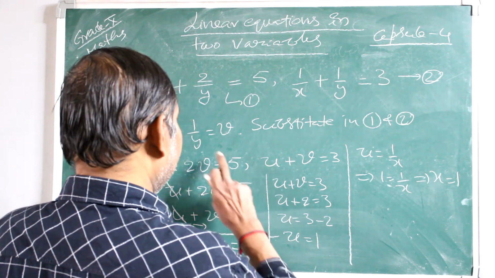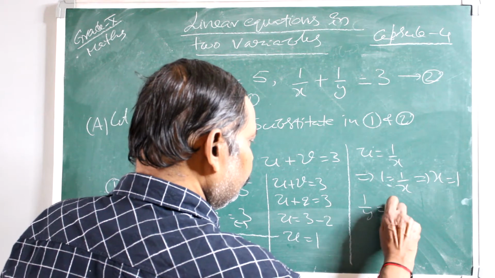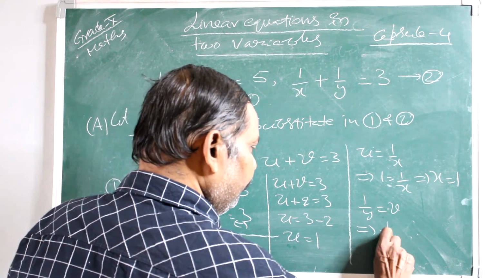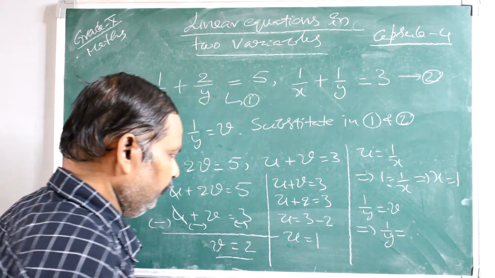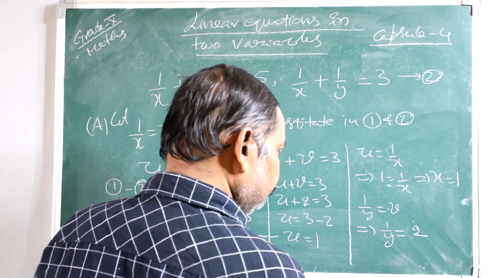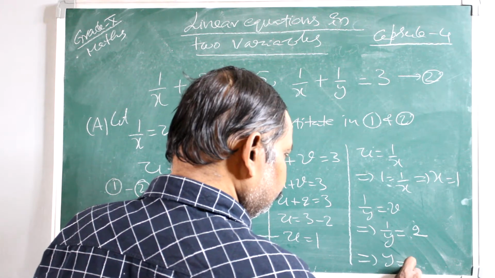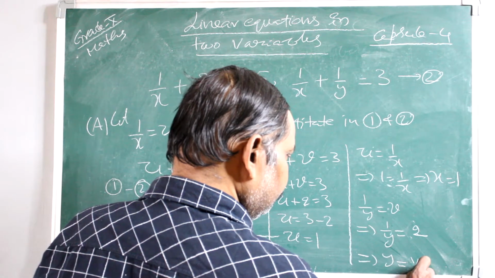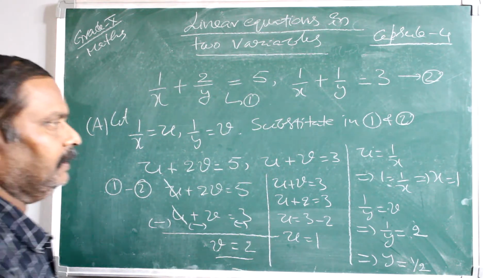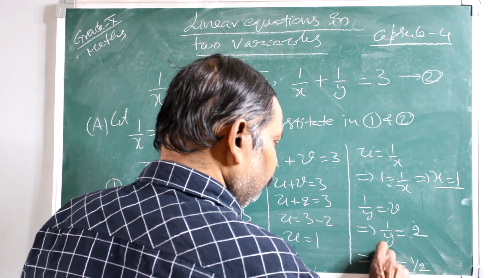Second is 1/y = v. V is nothing but 2. This implies y = 1/2. So we got x = 1, y = 1/2.